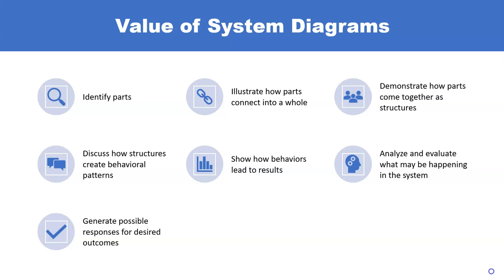That's really insightful when you start to see how the parts themselves create how the system behaves. And then it lets you understand how those behaviors led to results. Ultimately, the diagram is a good analytical and evaluation tool to explain what may be happening in the system, and to give you some ideas about possible responses for desired outcomes.